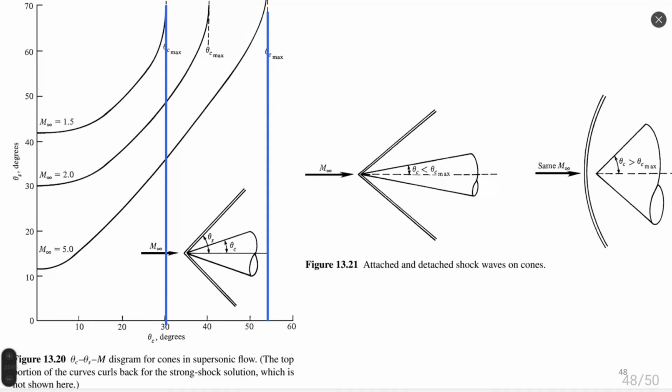Losses on the shock wave for two-dimensional flow and for axisymmetric flow can be calculated using the same relations on the shock wave, because they involve not geometry, but thermodynamic properties, laws of thermodynamics, which work for two-dimensional as well as for three-dimensional cases. So these losses can be estimated by using previously studied equations.